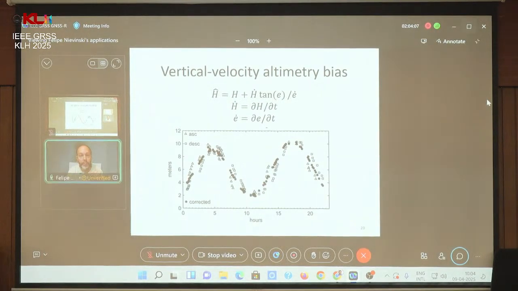And then we can calculate this height rate fraction and subtract it from your ascending satellites or add it for your descending satellites. And when we do that, the tidal variation expected for a water site becomes much more well behaved. It took us some time to derive and realize this, and now it's a 10-year-old correction.